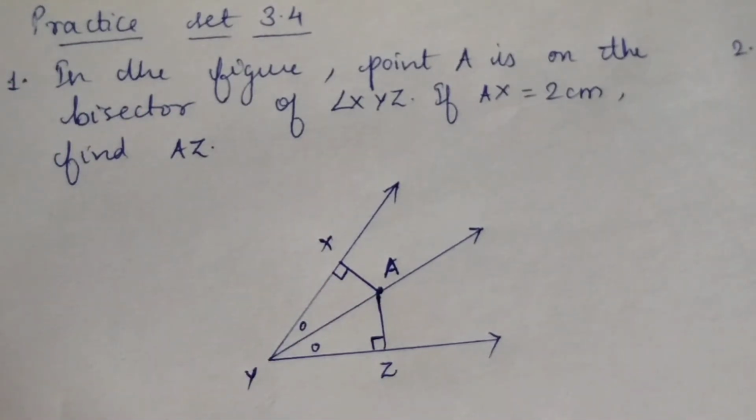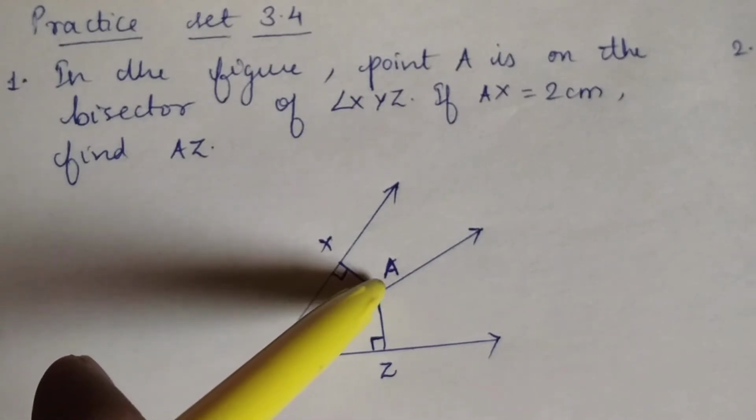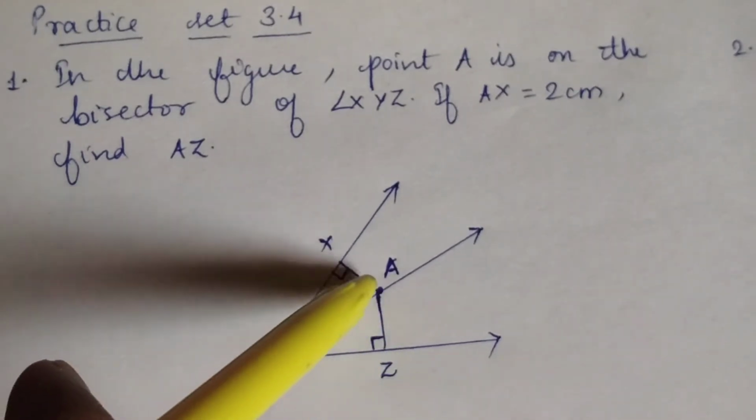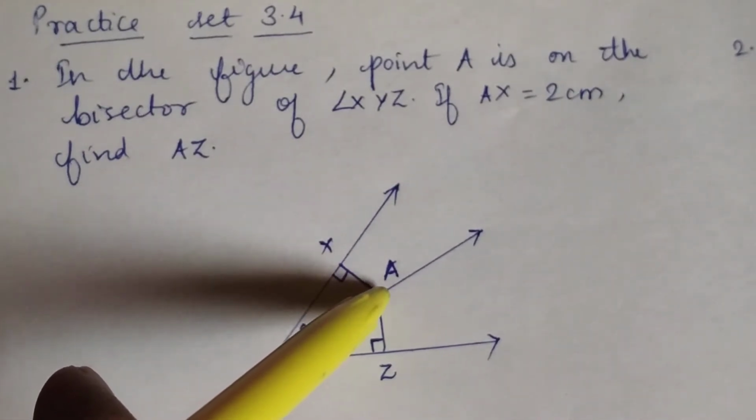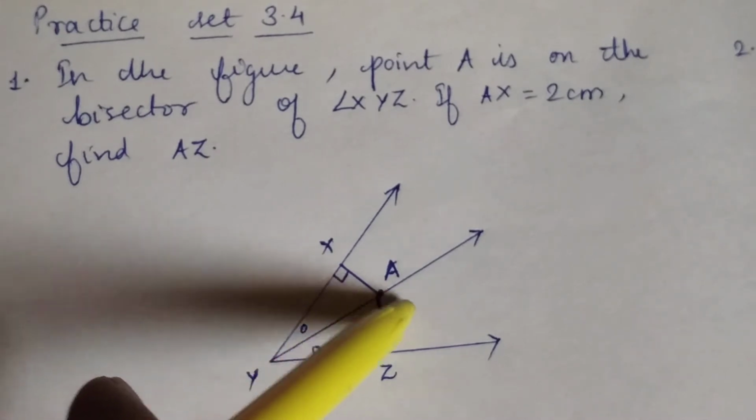Okay, now you will think, why have we drawn a perpendicular line here? See children, we always calculate a distance on a straight line. Yes, a straight line or a perpendicular line. So that is why we have drawn a perpendicular here. If I want to calculate the distance between these two arms, I cannot measure the distance like this.